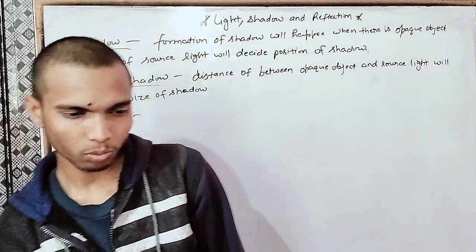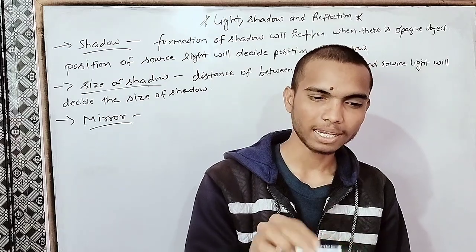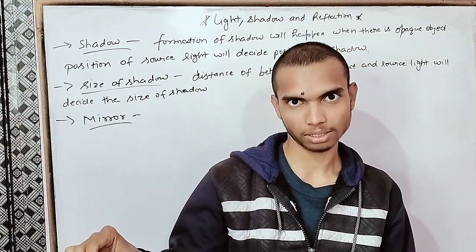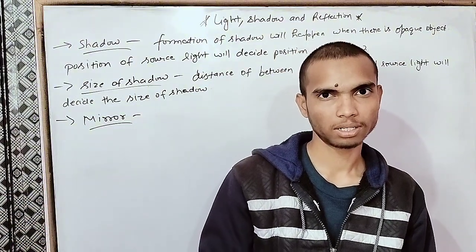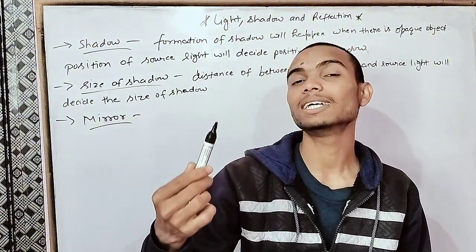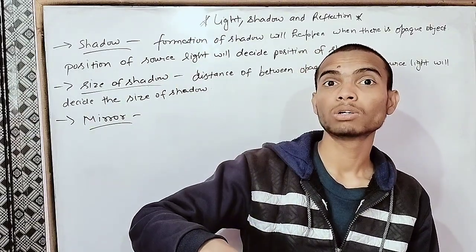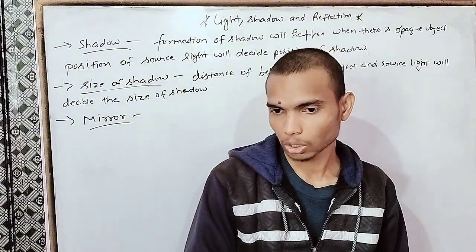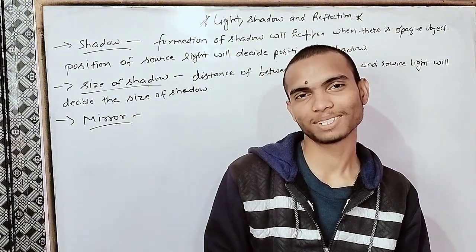Here we see what is behind the area of a mirror: a painted area, silver in color. This painted area is stopping the light from crossing.